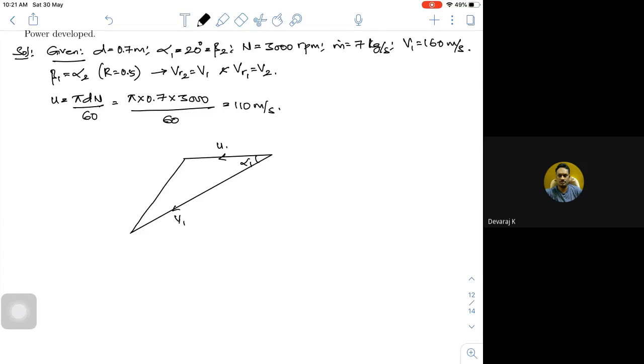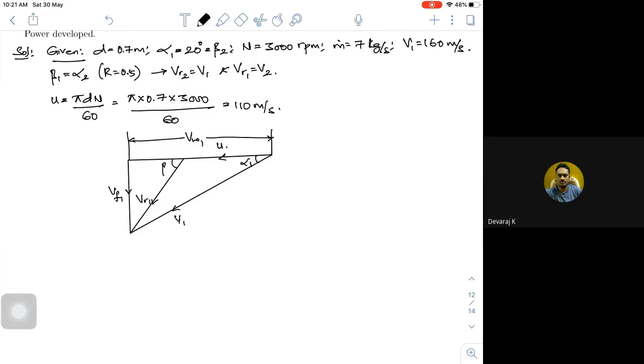So, this will be my VR1. I can close the triangle by drawing the tangential and flow components. So, this will give my VF1, and this will give my VW1.